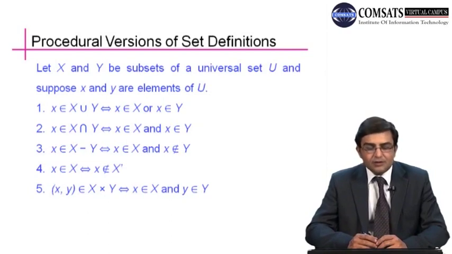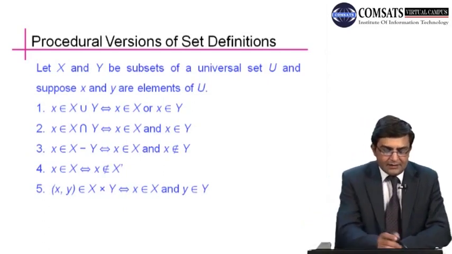If x belongs to X union Y, then x belongs to X or x belongs to Y. So in union, an element may belong to one of the two sets. As compared to logic, it is a disjunction property.